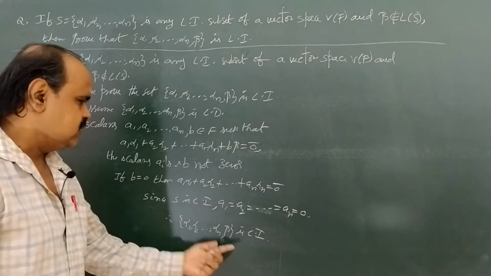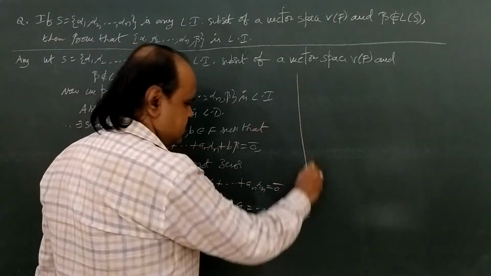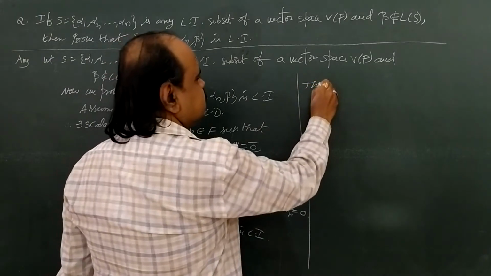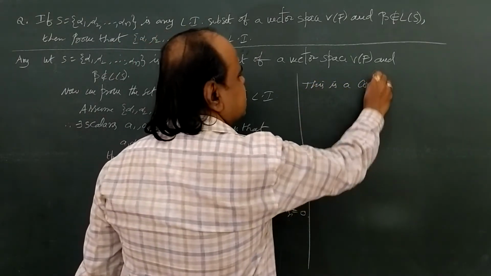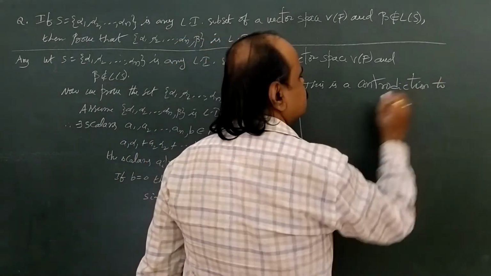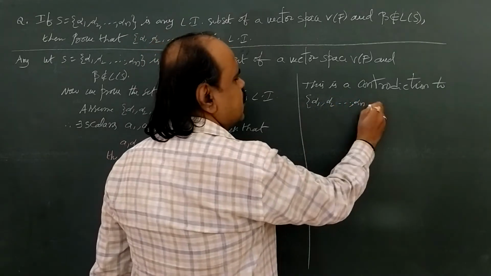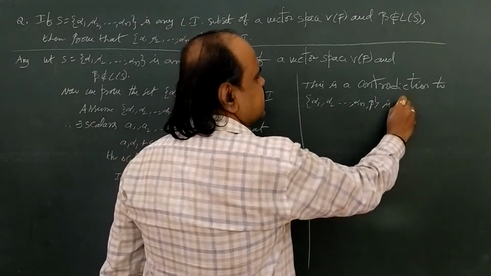But what we get here is that the set is Li. This is a contradiction to the assumption that the set alpha 1, alpha 2 and so on alpha n, comma, beta is LD.